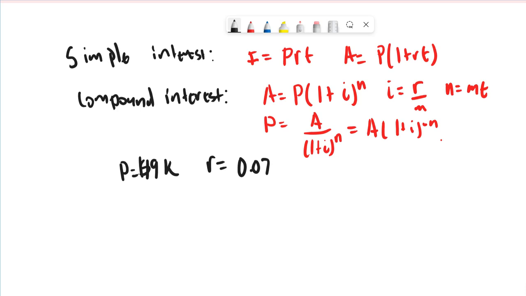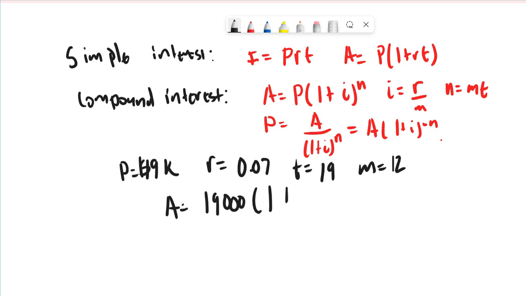Now, this money is going to sit for nearly 20 years, but we're going to say specifically 19 years. And it's going to be compounded monthly, so in that case, I use 12. Now, how do I do this computation then? To do this computation, you would say that A equals 19,000 times 1 plus 0.07 divided by 12 raised to the 12 times 19.